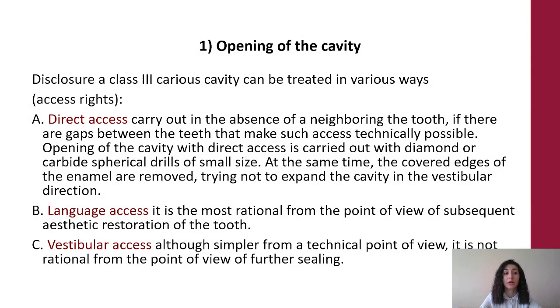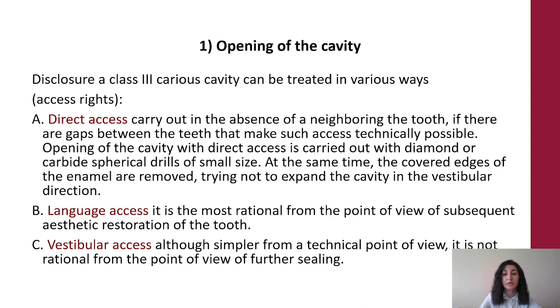Opening of the cavity. A Class 3 carious cavity can be opened in various ways. Access options: A. Direct access, carried out in the absence of a neighboring tooth, or if there are gaps between the teeth that make such access technically possible. Opening of the cavity with direct access is carried out with a diamond or small spherical bur.